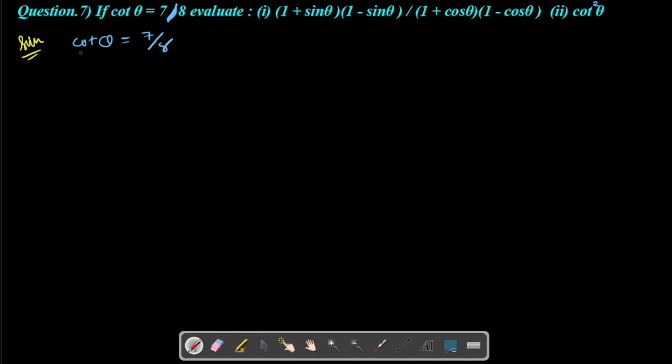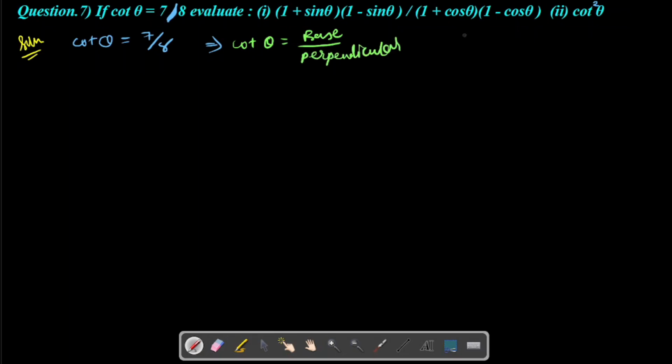Okay. Now what we can understand from this sentence, cot theta is equal to 7 upon 8. Yes, we can easily understand because we already did it in our last questions. We already know that cot theta is equal to what? Base upon perpendicular, right?